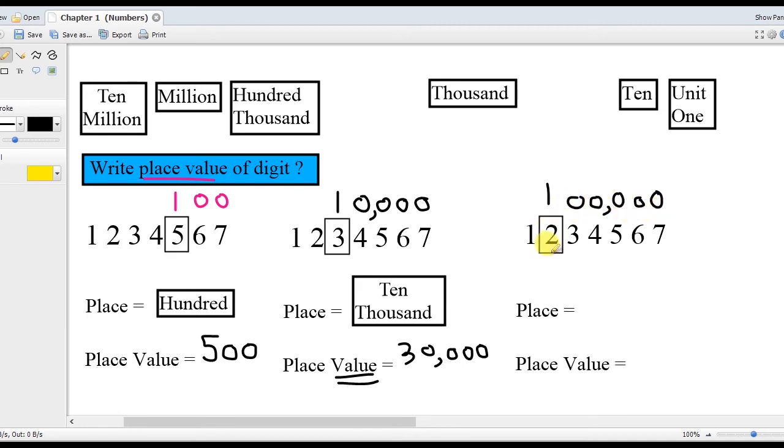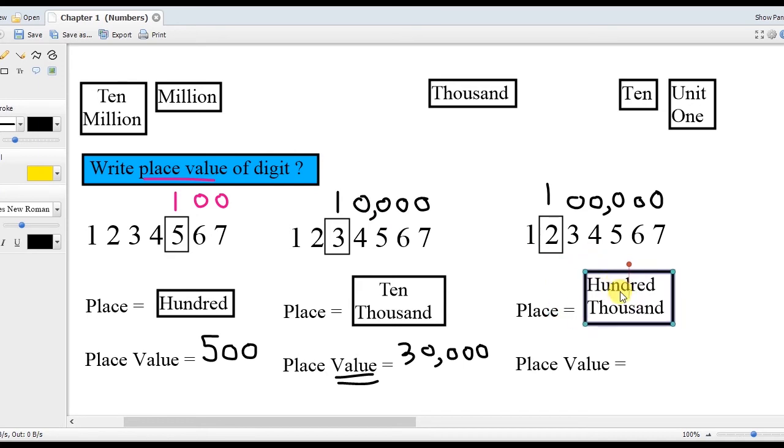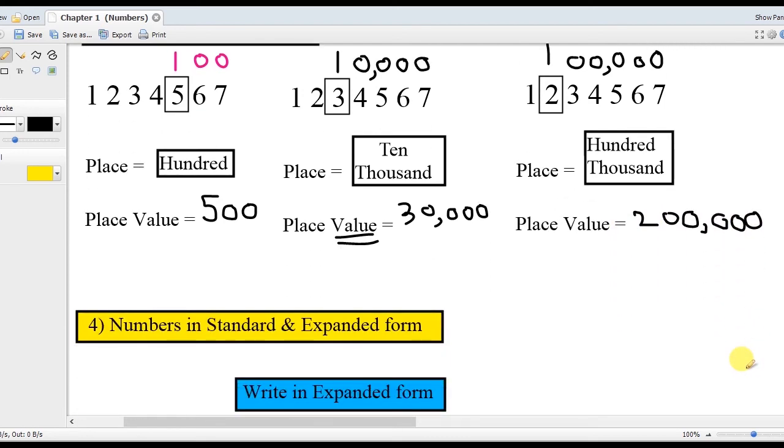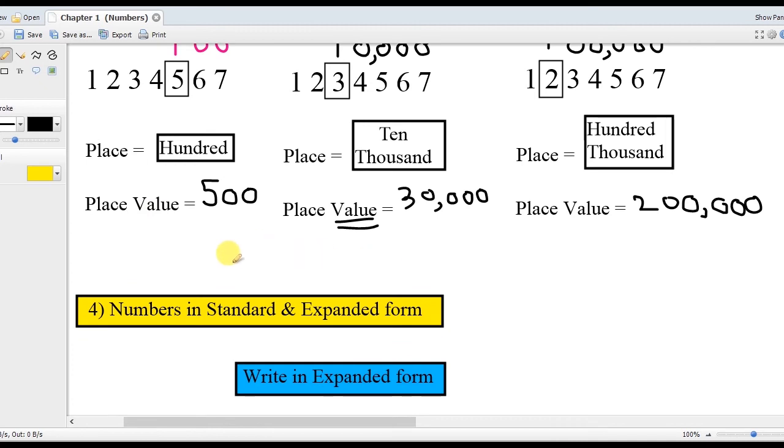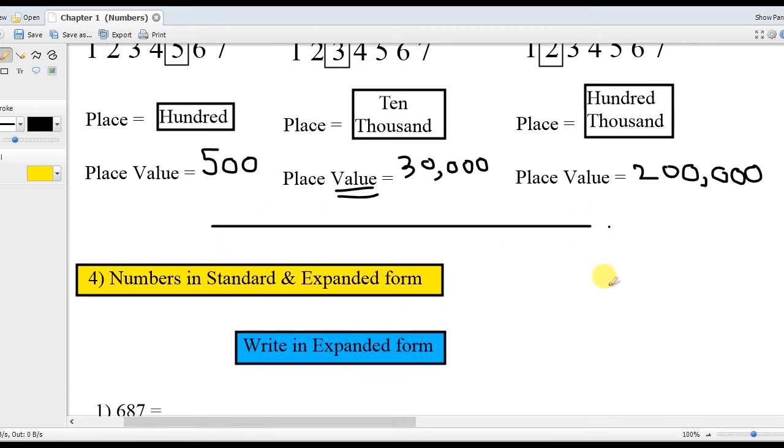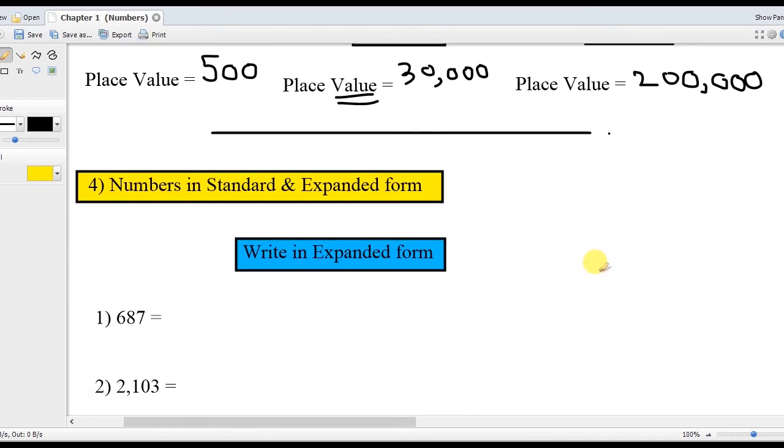So the place of this digit is 100,000 and the value this digit is giving us is, just write 2 here and 5 zeros. So what number do we have? 200,000, right? Okay, I hope you got the concept. Shall we move on to the next topic?